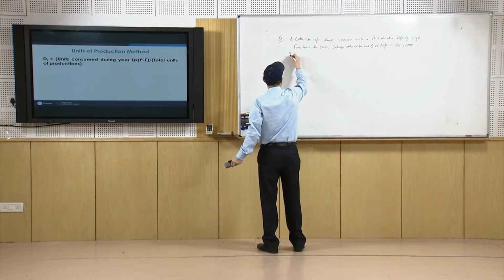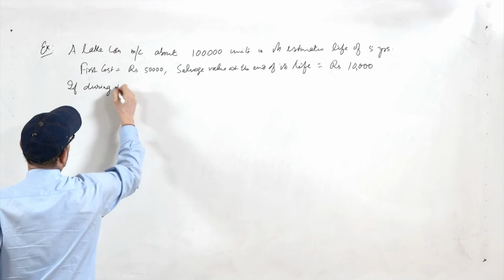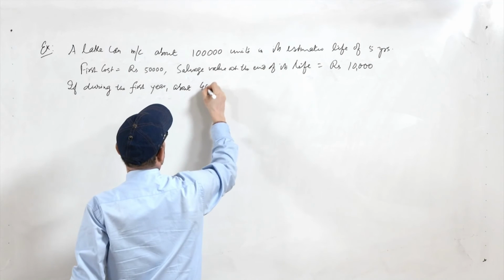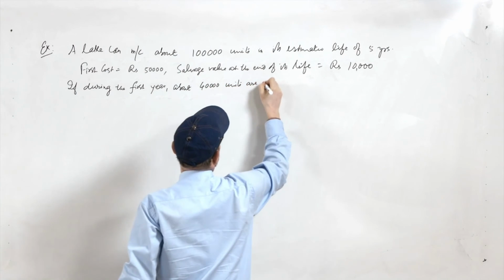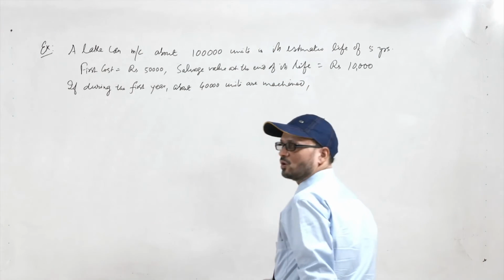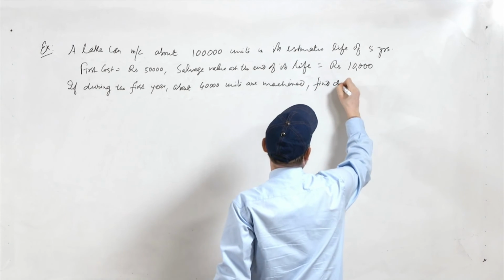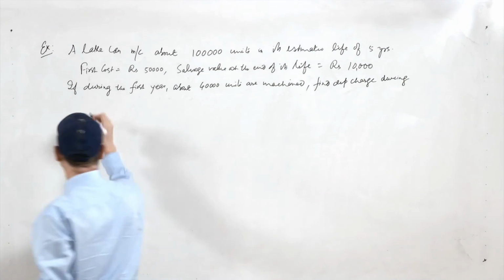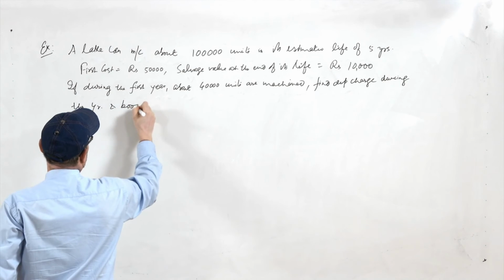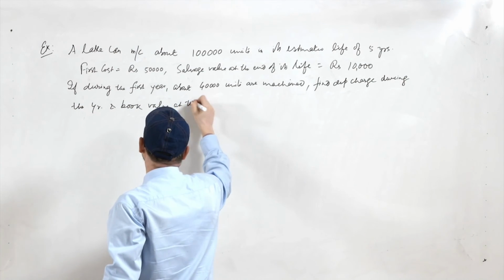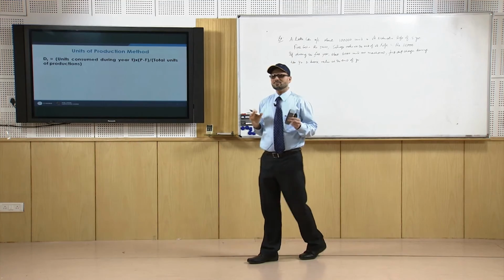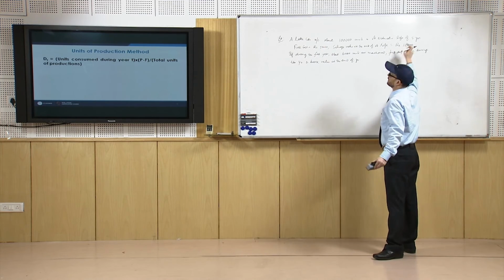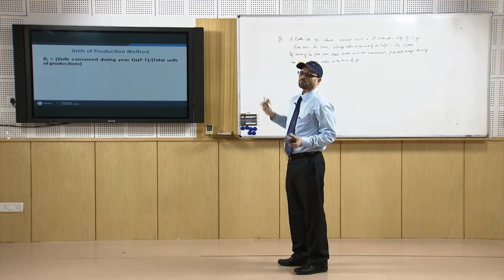If during the first year about 40,000 units are machined, find the depreciation charge during the year and the book value at the end of the year. In similar cases where the capacity, first cost, salvage value and life are given, the units of production method will be used.